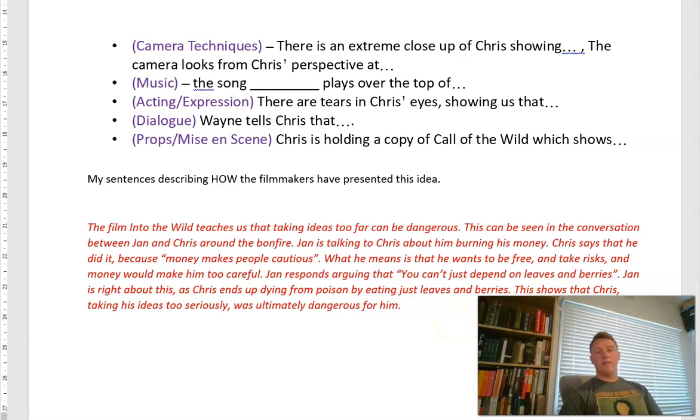Now, there's lots of other things or examples that we could point at. Simply the fact that he wanted to be out in the wild, out in the middle of nowhere, and just rely on himself like this, and he ends up starving. He ends up being locked in a frozen bus during the winter and can't get out, even when the spring melts the river. Okay, so as a result of him taking this idea too seriously and going too hardcore or too extreme with it, he ends up failing, or he ends up dying.